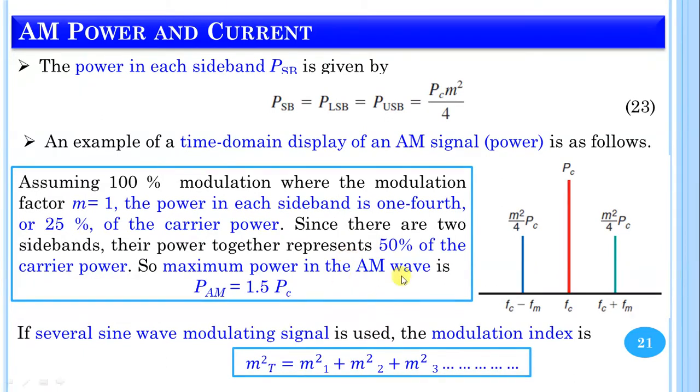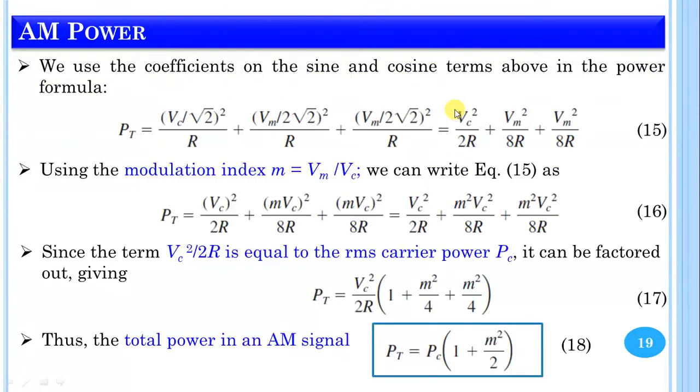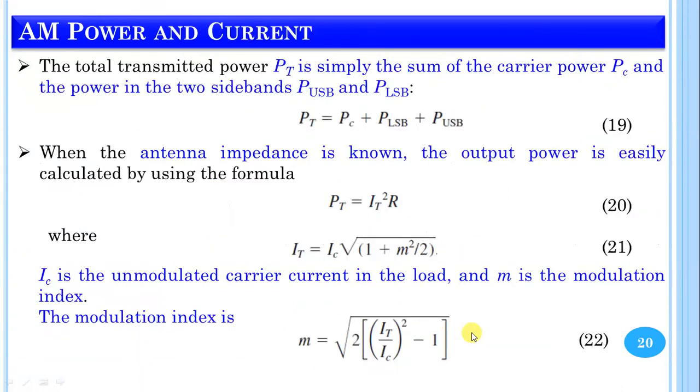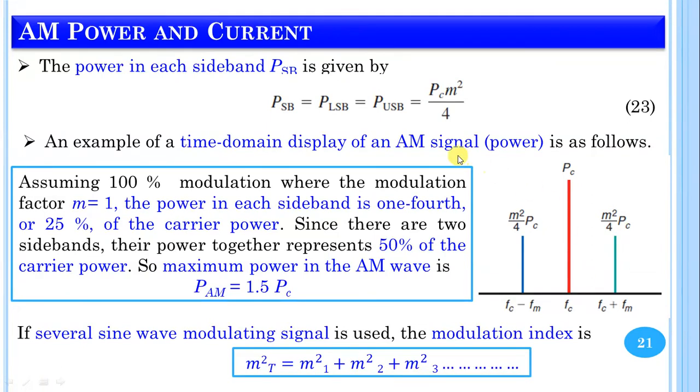So the power in the sidebands, PSB, equals P lower sideband plus P upper sideband, which is equal to Pc m square by 4 each. Here you can see this we can represent by Pc, so Pc m square by 4. From equation 17 you will get this, and we can draw the frequency domain representation.